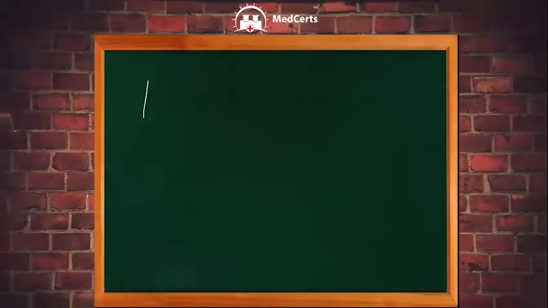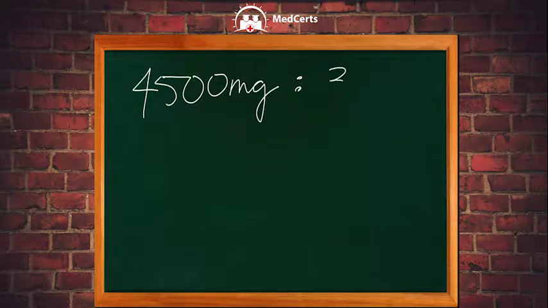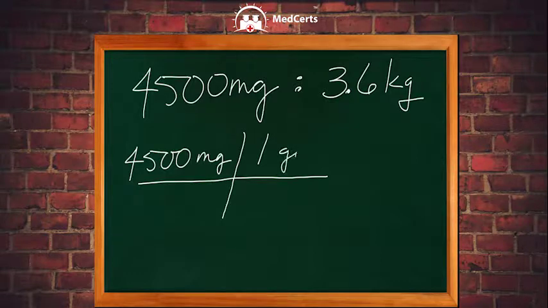So let's work this out and see how we set this up. 4,500 milligrams in relationship to 3.6 kilograms. So we're going to convert our milligrams to kilograms. Now this is what's called a T-chart. I set up a T-chart because it allows us to put our units on the top and the bottom and provide a way to make sure that our units will cancel out.